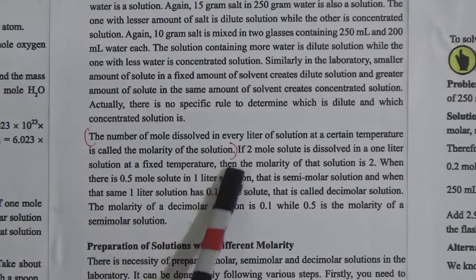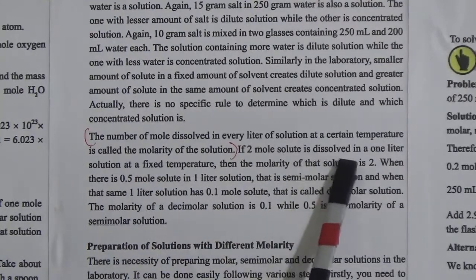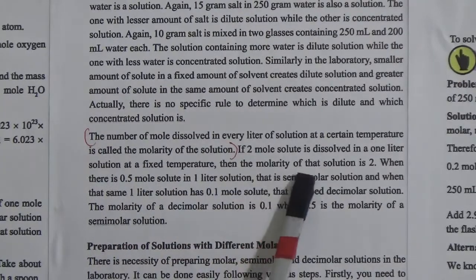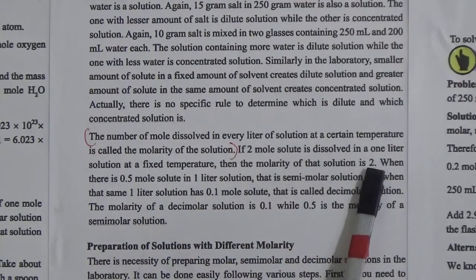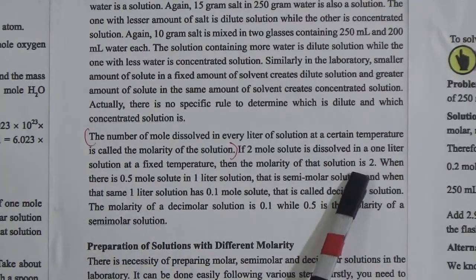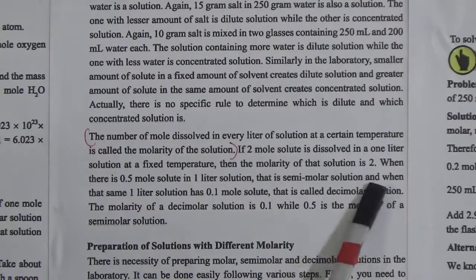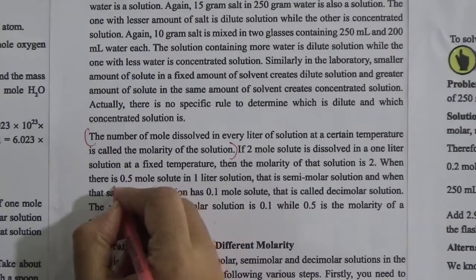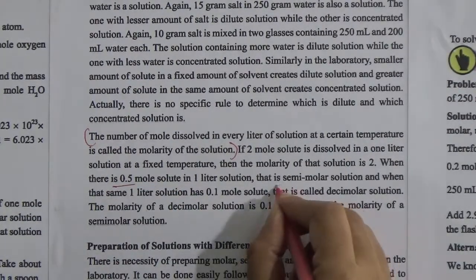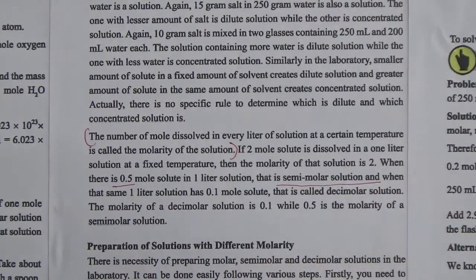Now come to the next part. If 2 moles of solute are dissolved in 1 liter of solution at a fixed temperature, then the molarity of that solution is 2. And if 1 mole of solute is dissolved in 1 liter of solution, the molarity is 1. When 0.5 mole of solute is in 1 liter of solution, that is a semi-molar solution. That is the definition of a semi-molar solution, and it is very important for your MCQ and knowledge-based questions.